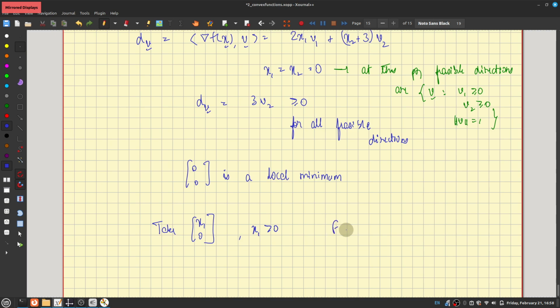What are feasible directions? Okay, correct. So v2 should be greater than or equal to 0. What about v1?